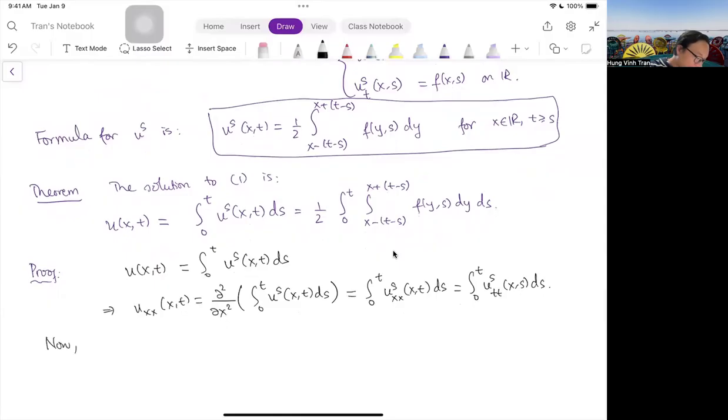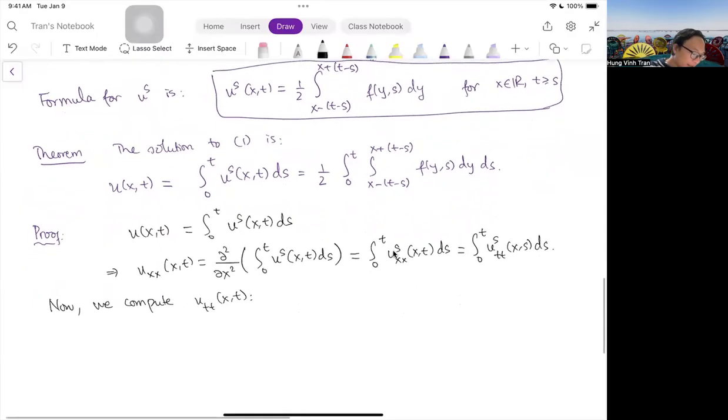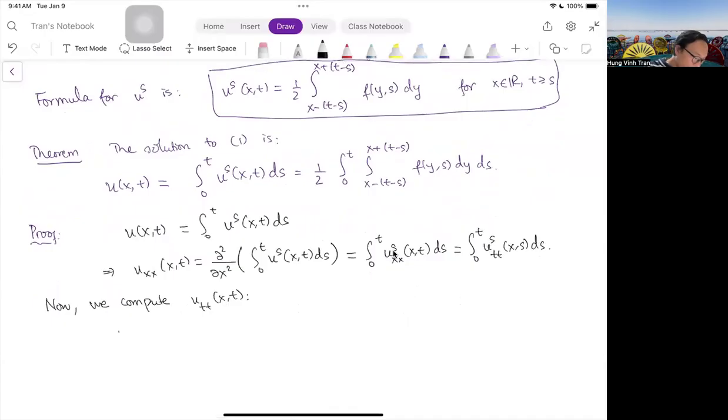Now we compute u_tt(x,t), right? Let's do it step by step. Let's compute u_t(x,t) first. This is ∂/∂t of the integral from 0 to t of u^s(x,t) ds. Again, t appears inside, so I can put the derivative inside.